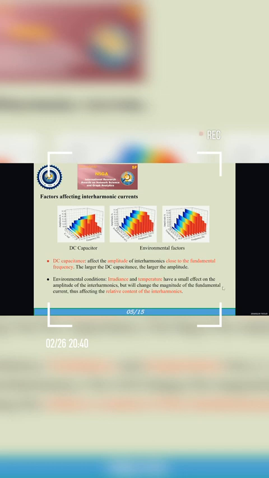In addition, the influence of the environmental factor is also analyzed. The change of radiation and ambient temperature has little effect on the amplitude of the interharmonic current, but will change the magnitude of the fundamental current, and then affect the relative content of the interharmonic current.